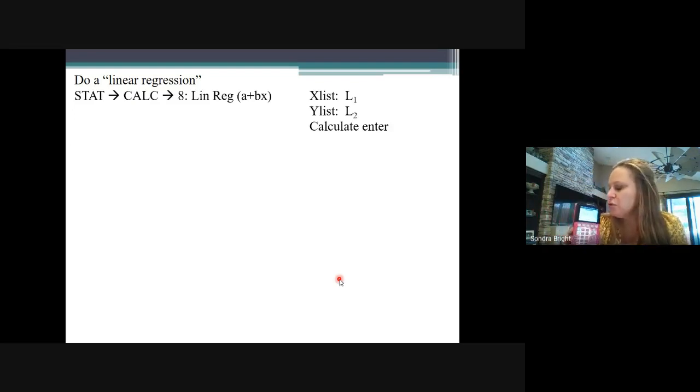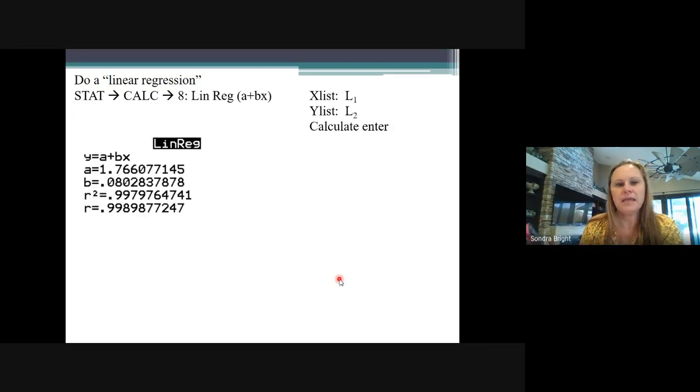If you stored it, you could store the regression equation, and then that makes it where it could graph the actual line going through the points. Apparently, we're not having you do it for this problem. So you just hit enter until you get to calculate, arrow down to calculate, and then hit enter. And you should get these values. My calculator matches what I have on my screen right now.